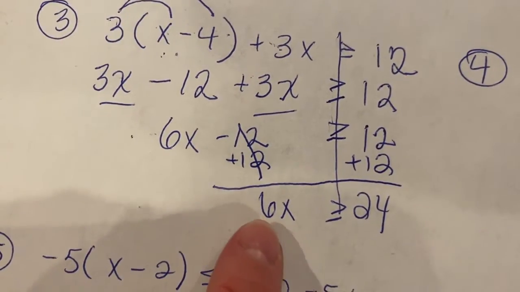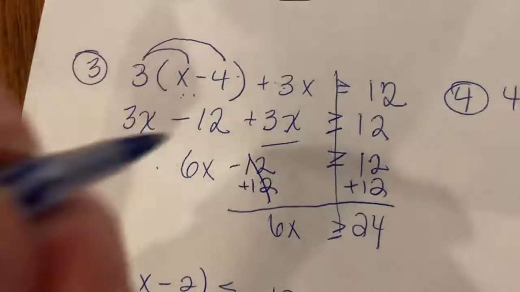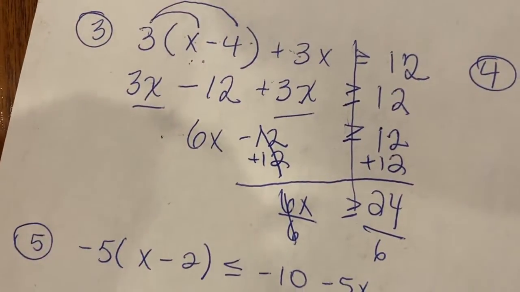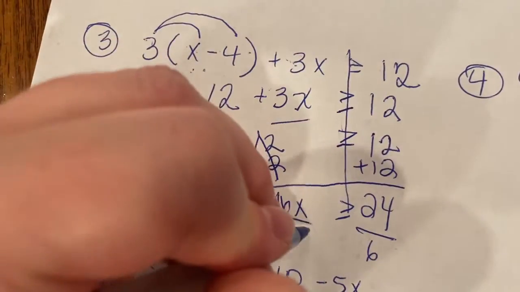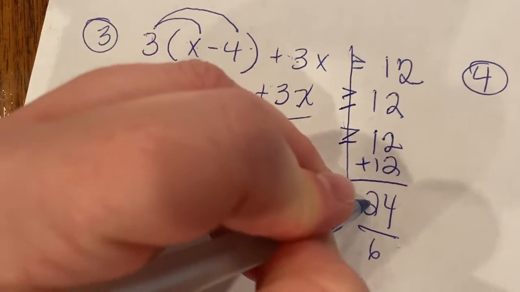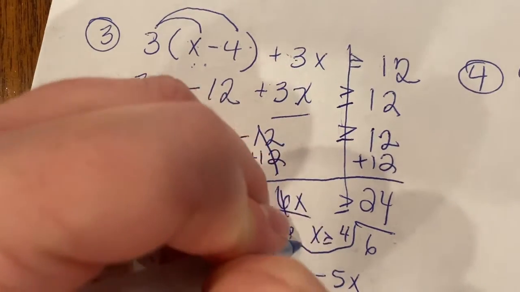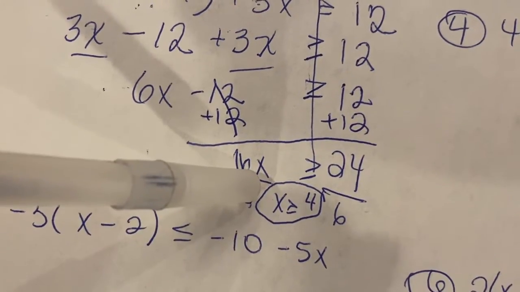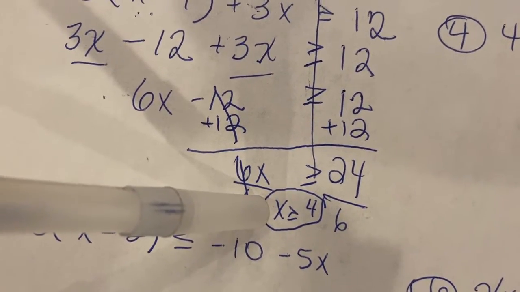Last, I need to divide by 6. This time, I'm not dividing by a negative number. It's a positive, so I'm going to keep my symbol the same. X is greater than or equal to 24 divided by 6, which is 4. And I know I'm kind of squeezing that in there. So my final answer is x is greater than or equal to positive 4.